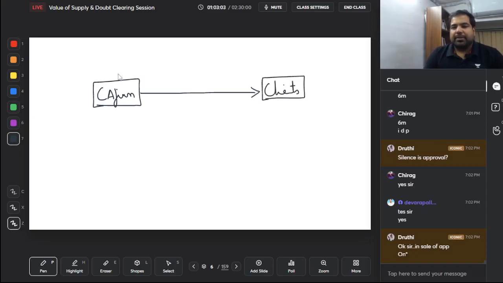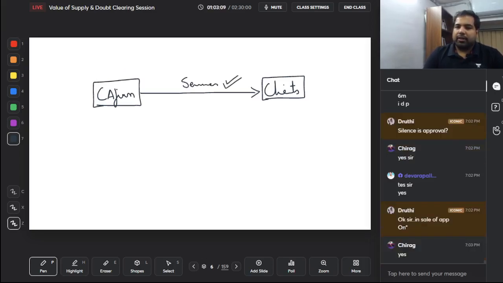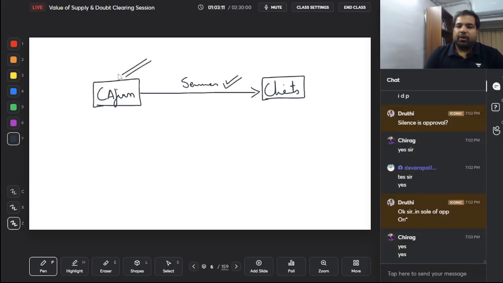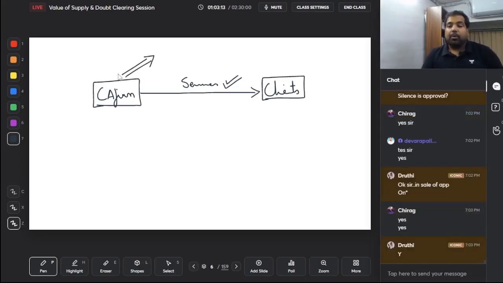Please tell me guys, this is a service. Will they charge money? Yes. Will they charge GST? Yes. And will they have to pay to the government? Yes. But when will they pay? That is what we are deciding, time of supply.